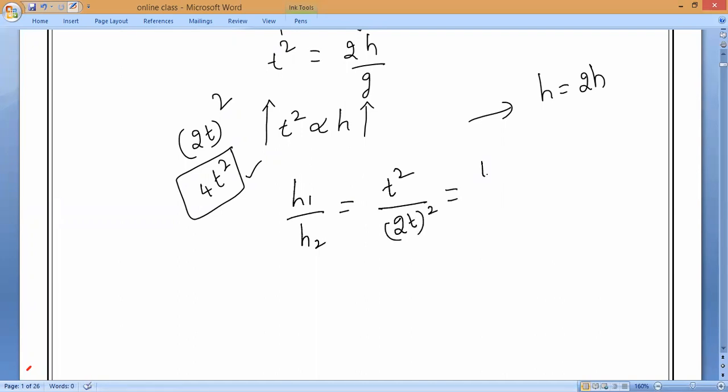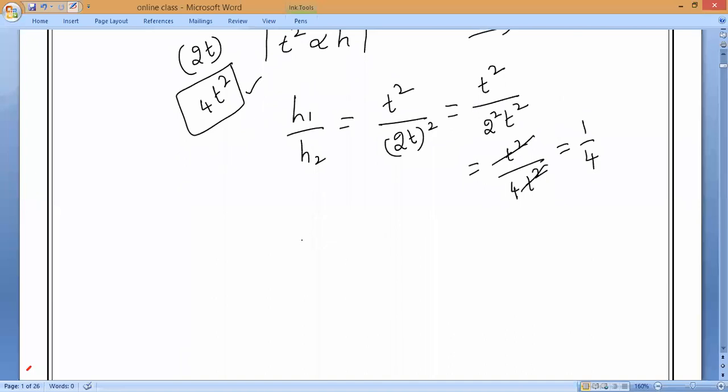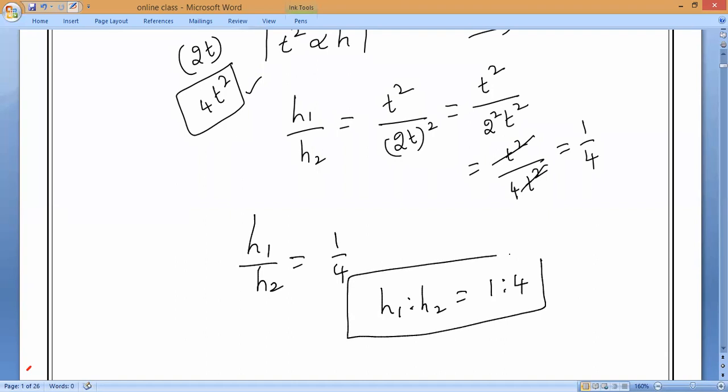So it becomes t square divided by 2 square into t square, which is t square divided by 4 t square. The t square gets cancelled. So h1 divided by h2 is equal to 1 by 4, or h1 is to h2 is equal to 1 is to 4. That is the ratio.